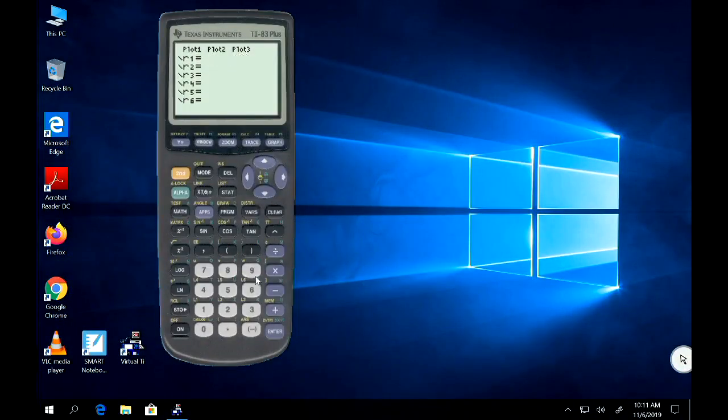So get rid of this. It's just 6. And instead of an x, it'll give you a theta because it knows you're in polar. Oops, chopped it off. Let me go back and do zoom trig.